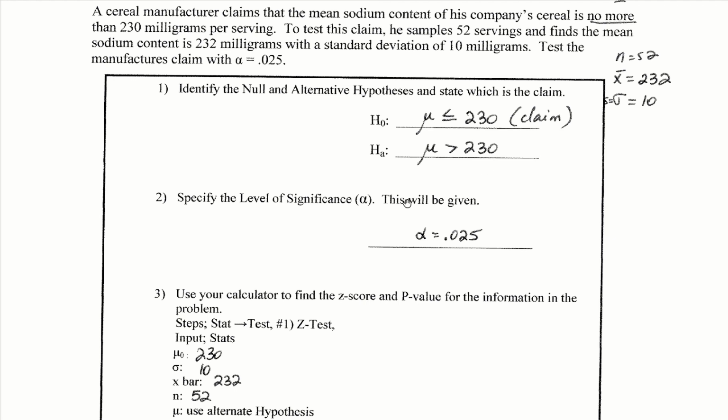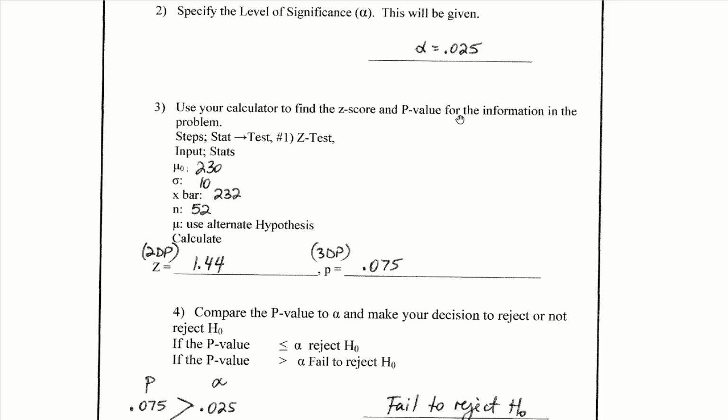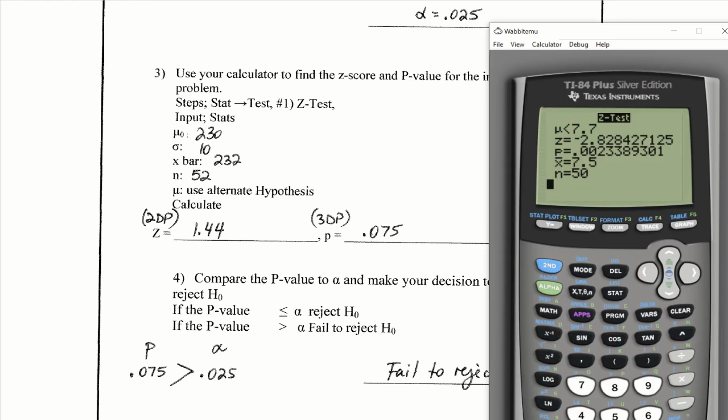The level of significance is alpha equals 0.025. And once again, because we have a sufficiently large sample size here, 52, which is more than 30, we can use the z-test to compute our p-value. Again, this menu is found under Stat.